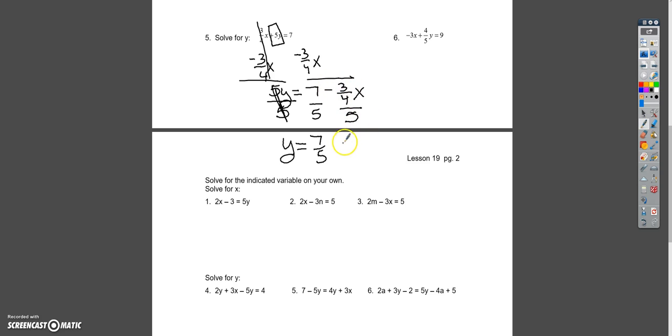Now we can't leave this mess, so we're going to say 3 divided by 4 in parentheses, divided by 5, and that's going to give us 3/20, I believe. I don't have my calculator handy. 3/4 divided by 5. Yes, it should be 3/20. So we've solved for y in terms of x.